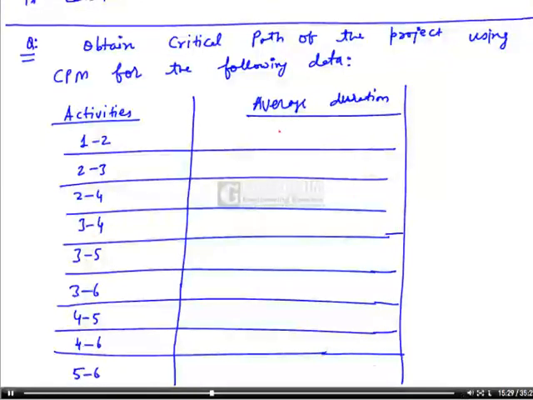So average duration is given as 3, 3, 2, 0, 3, 2, 7, 5, 6.